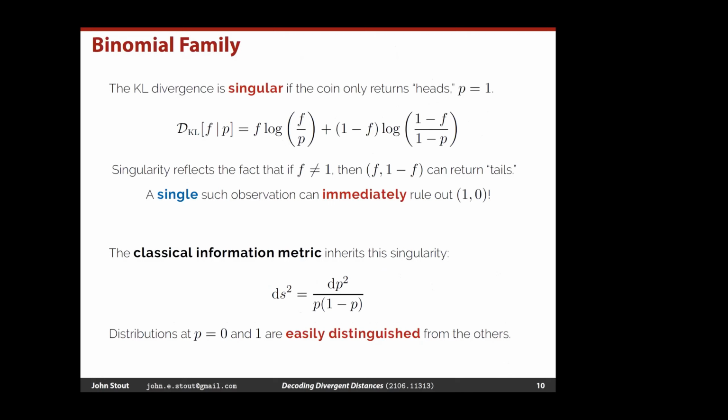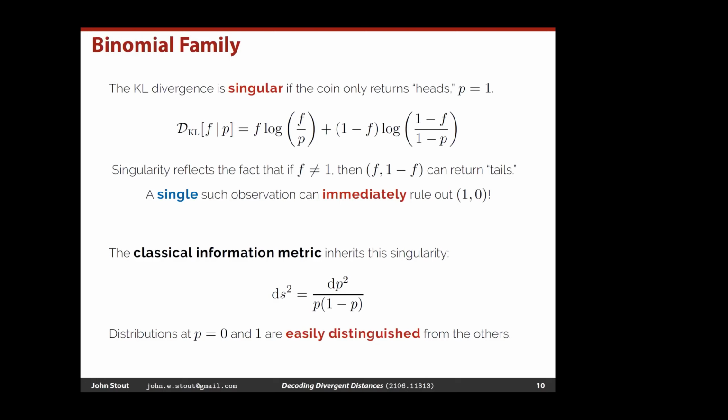So then we can return to our coin. KL divergence was singular, it blows up if p equals 1. And that's a reflection of the fact that if I say that I'm only going to get heads and I see a single observation of tails, then I can immediately rule out that it was p equals 1.